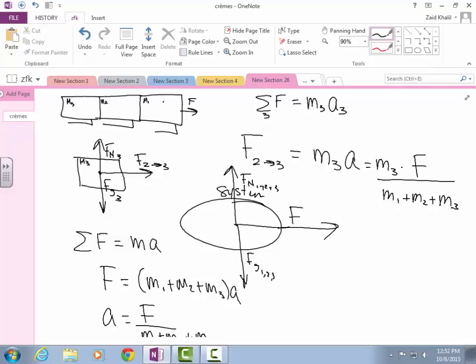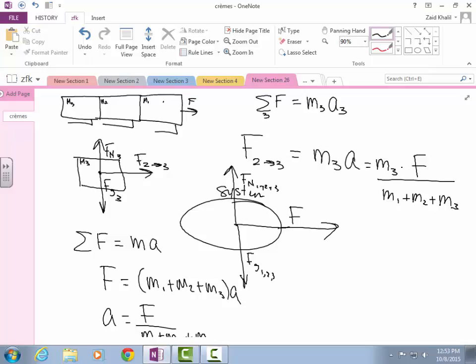So what can we get out of this? We can get the contact force of body 1 on body 2, correct? And what do we get? We get the F of 1 on 2 is equal to F of 3 on 2 plus M2F over M1 plus M2 plus M3.